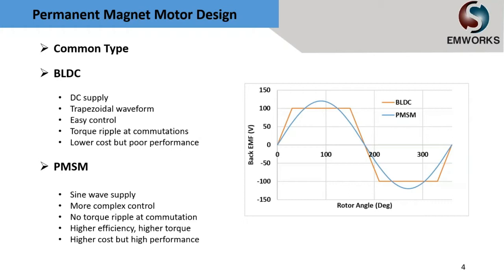Since brushless DC motors are supplied with the DC voltage source, the voltage is applied in form of the pulses to the phases. Therefore, a simple control can be used, but commutation of the current in the phases generates extra torque ripple.